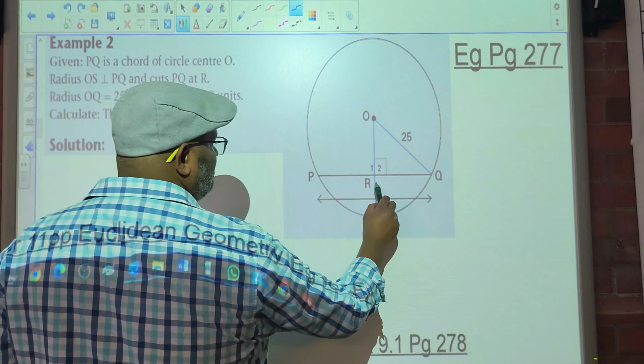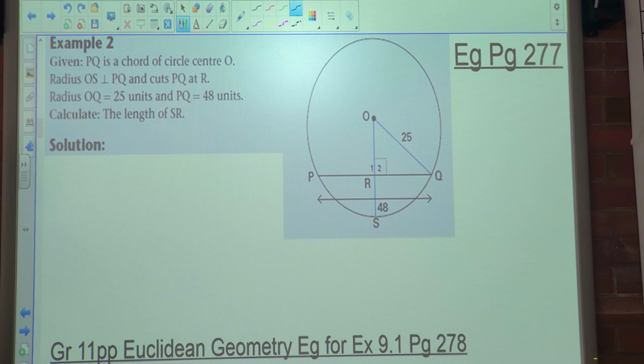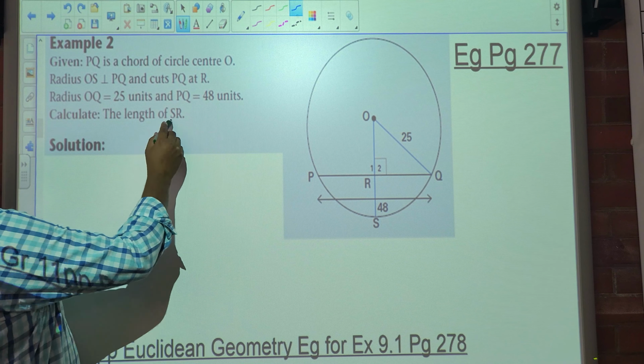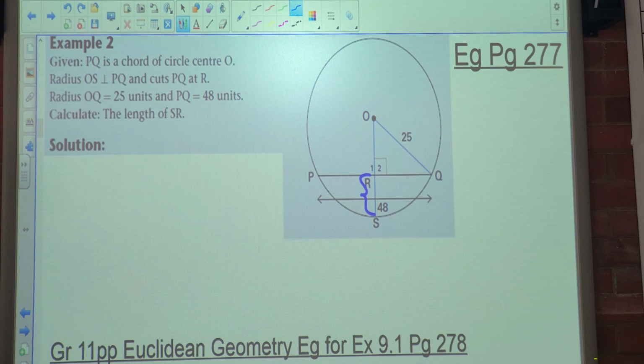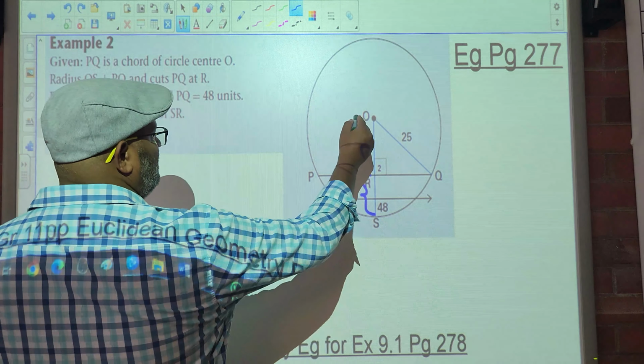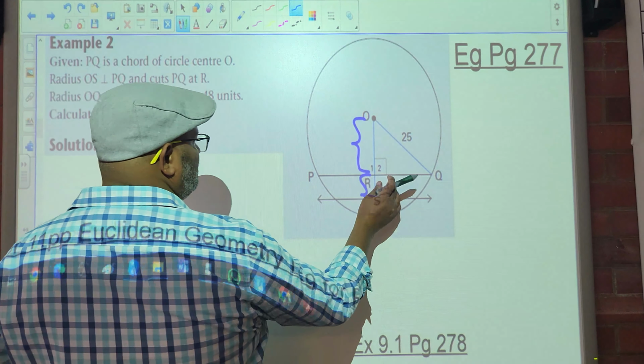If that's 48, we know that RQ is 24. Perpendicular from center to chord bisects the chord. The question says calculate RS. So can I calculate RS straight away? No. What can be calculated first? OR. Well, what do I need to know for OR to apply Pythagoras?